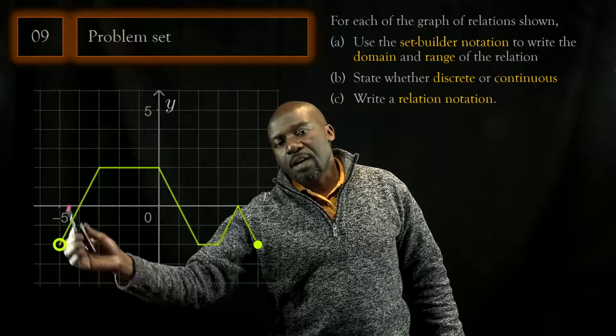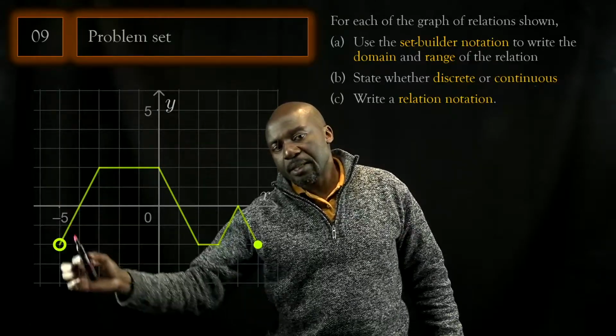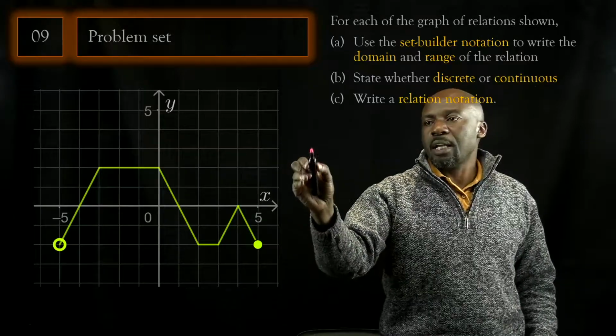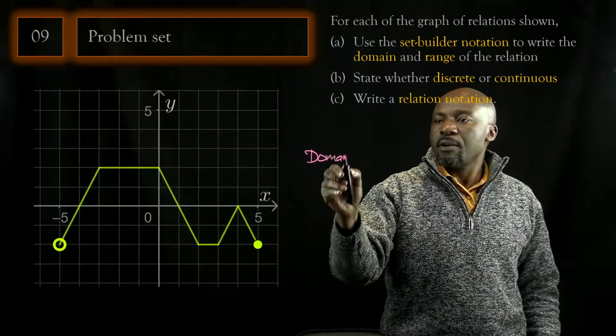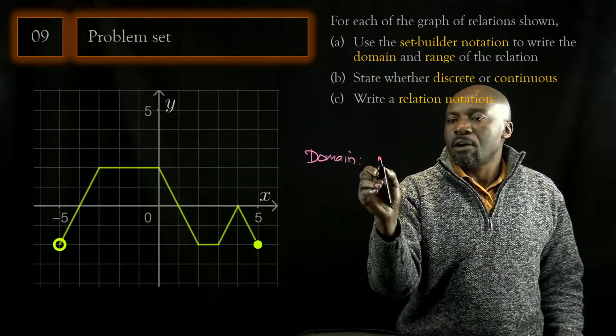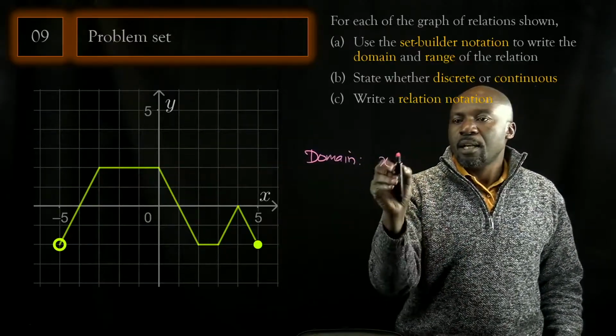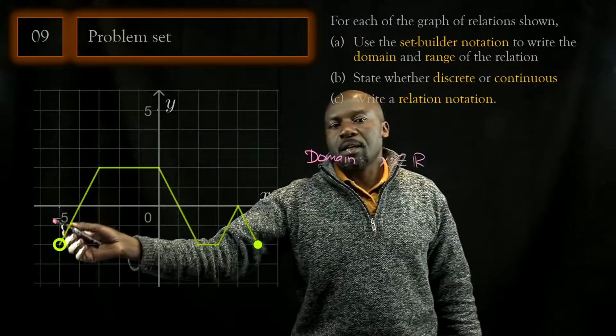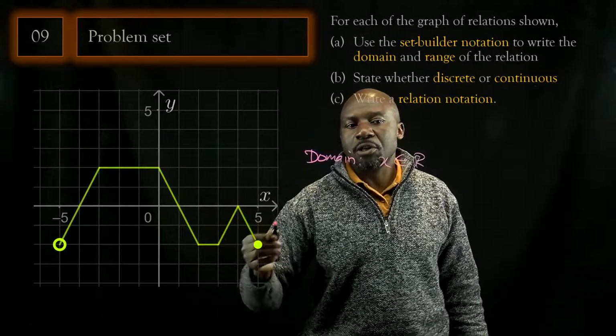So -5 is our boundary, but it's not included. If we were going to write the domain, we would say the domain is all values of x that are real, because this is a line, meaning it is continuous.